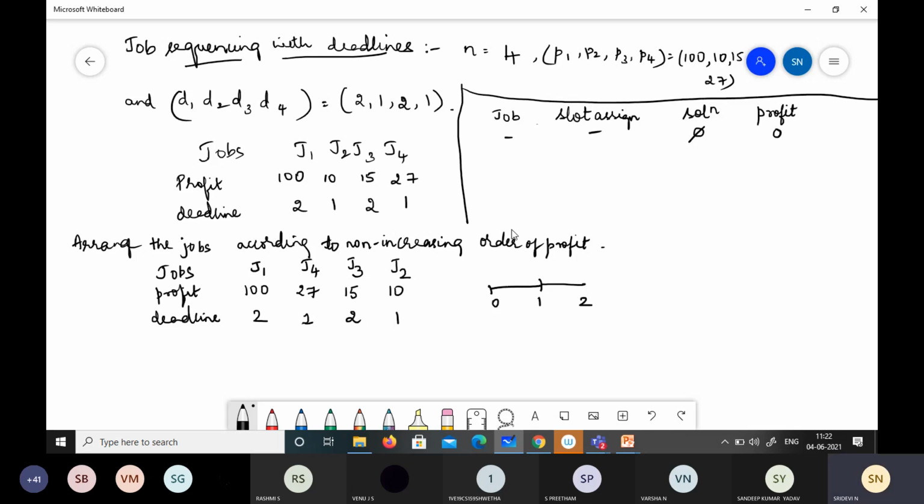Which 2 jobs will yield you maximum profit? We have already arranged them in the non-increasing order of their profit. So which 2 jobs should I select?